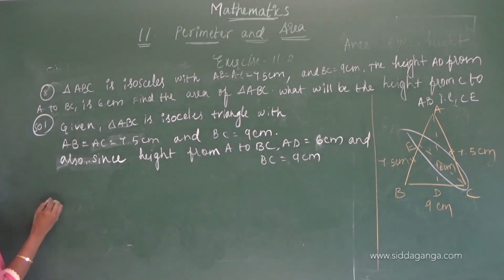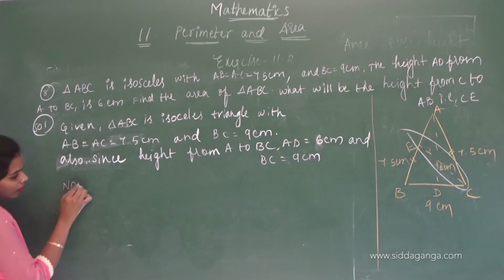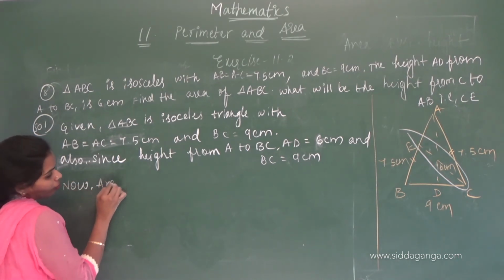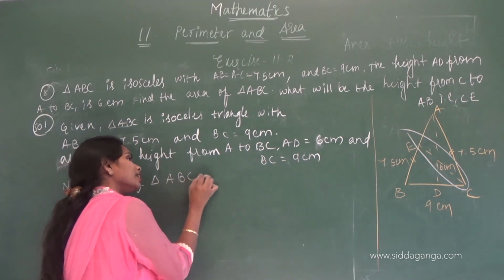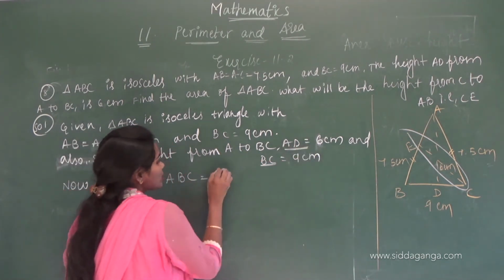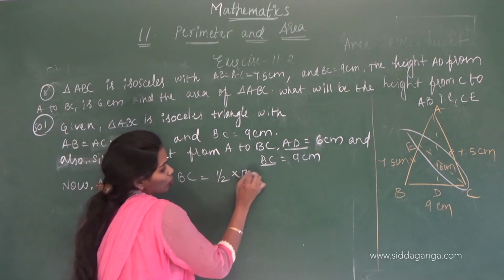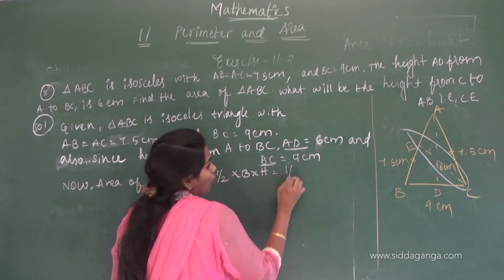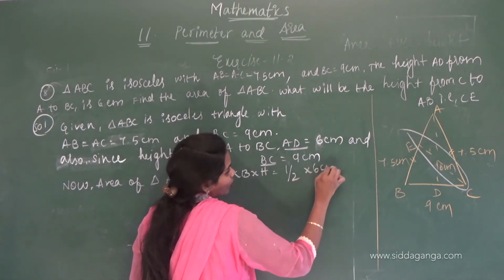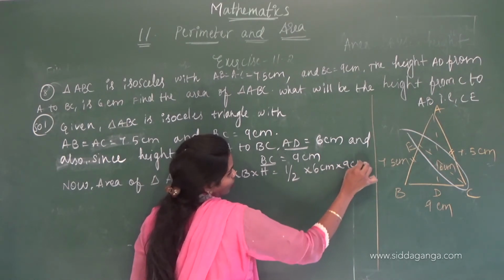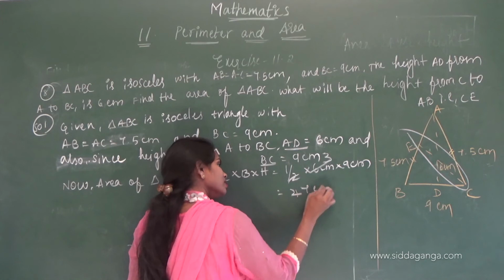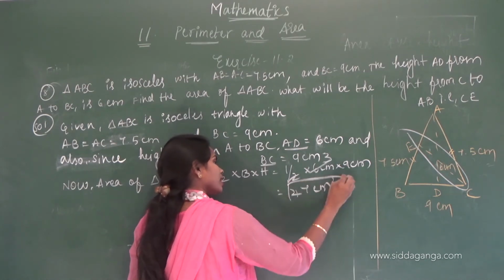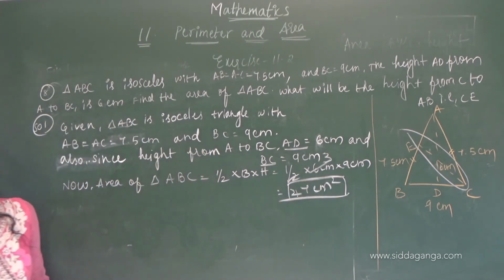Now, area of triangle ABC regarding these two is half into base into height, that is equals to half into 6 centimeters into 9 centimeters. One twos are, three threes are, that is equals to 27 centimeter square. What is the area of the triangle? 27 centimeter square.